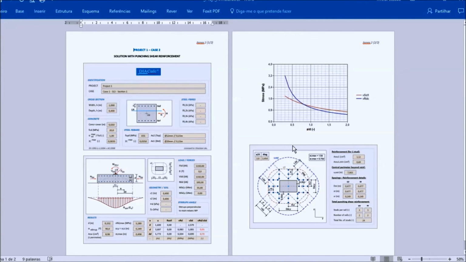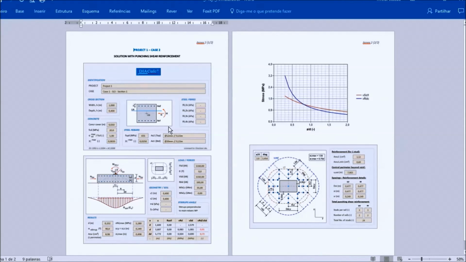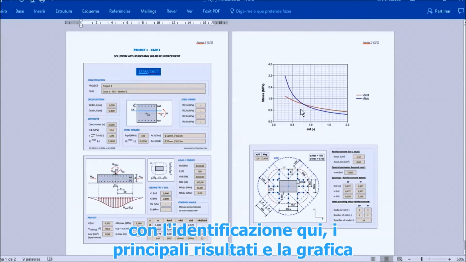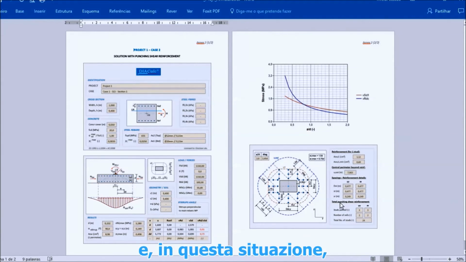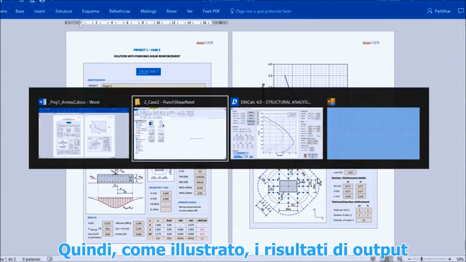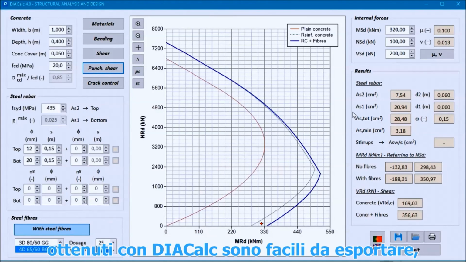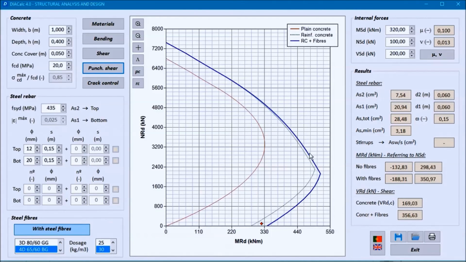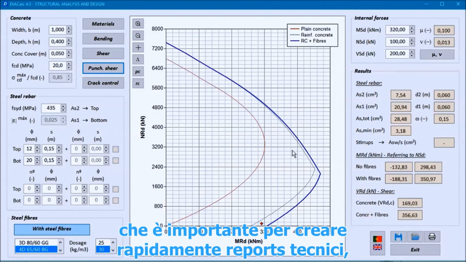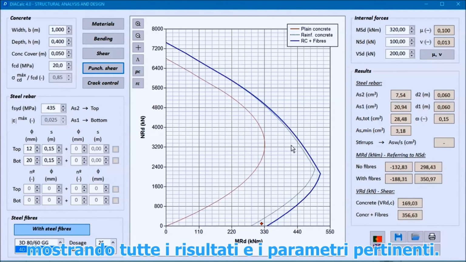So this is prepared just for punching shear reinforcement, with the identification in here, the main results and the graphic, and in this situation punching shear reinforcement was required. So as shown, the output results obtained with DIACalc are easy to export, which is important to quickly create technical reports, and they are as comprehensive as possible, showing all the relevant results and parameters.